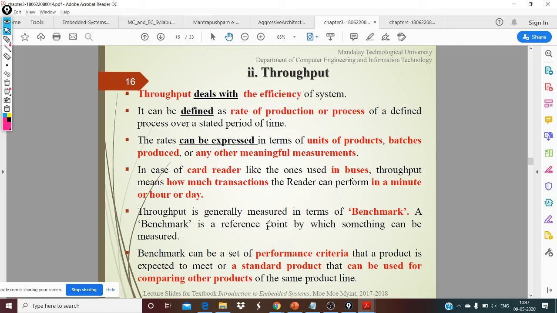The other thing is that throughput is measured in terms of benchmarks. To give you an idea of what a benchmark is, these are standard applications, and these applications become the reference point for you to measure the performance. For example, let us take your cell phone. How much time are you able to click pictures?